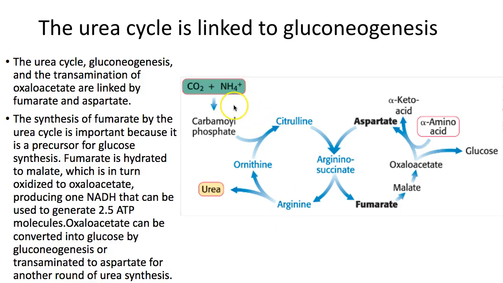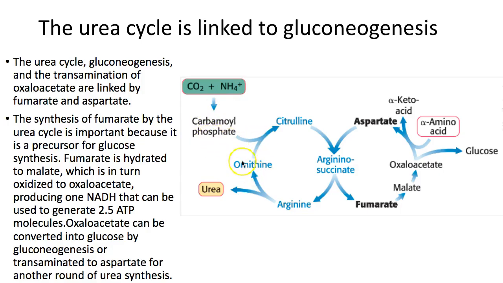And so one of the other things that can happen is that fumarate can actually create glucose. What happens is we already talked about the carbon dioxide being hydrolyzed to be bicarbonate, reacting with the ammonium ion to form the carbamoyl phosphate.